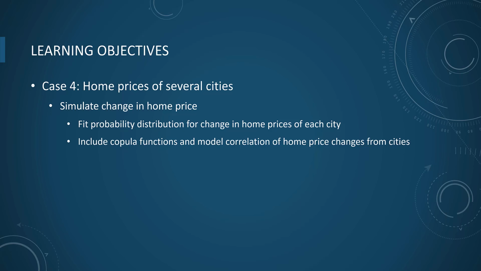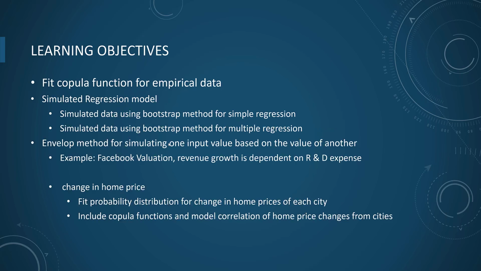So prices from different cities, like the price change in Boston versus the price change in Chicago and Los Angeles. Now one may assume that they are not related, but that's not the case. They are in a way, because we have a nationalized financial system, and there is correlation. So how do we incorporate that? That's case number 4.